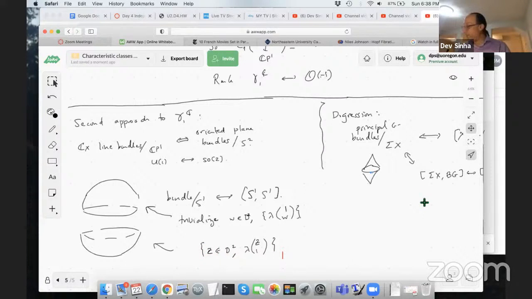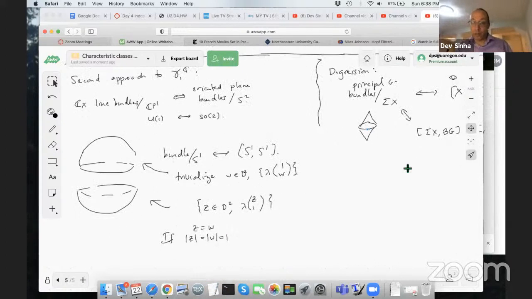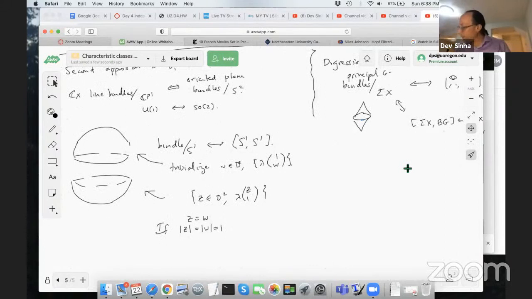And then you have to say, well, how does this go on the overlap? If Z equals W and they're both of unit length, then of course Z, 1 is going to be equivalent to, I can divide by Z, 1 over Z, but that's of course the same as 1, Z bar.